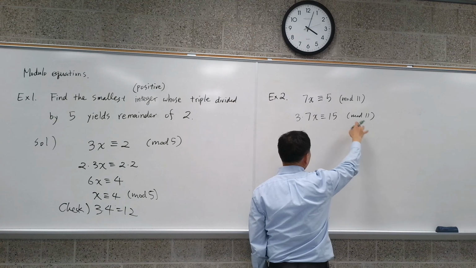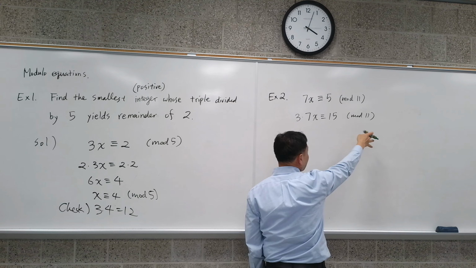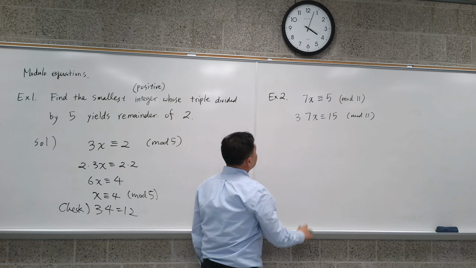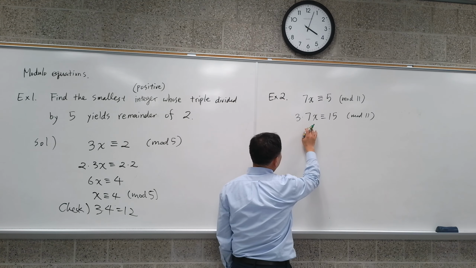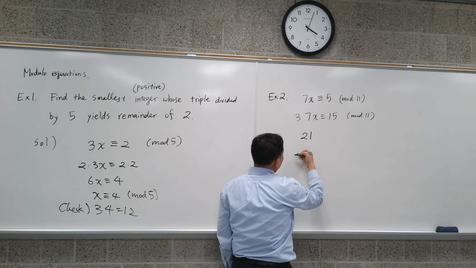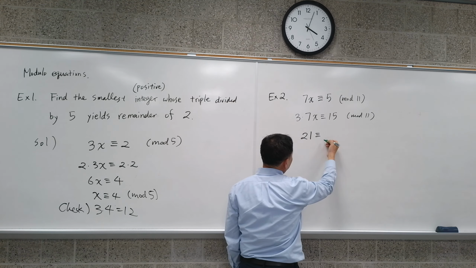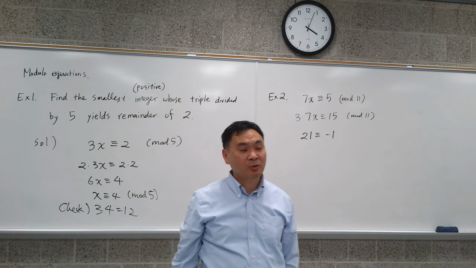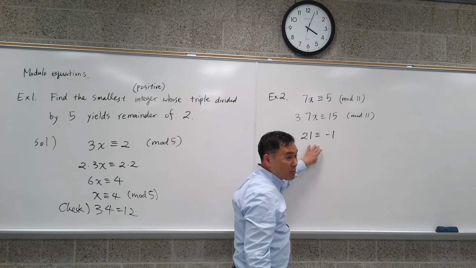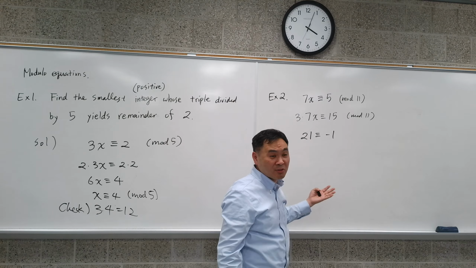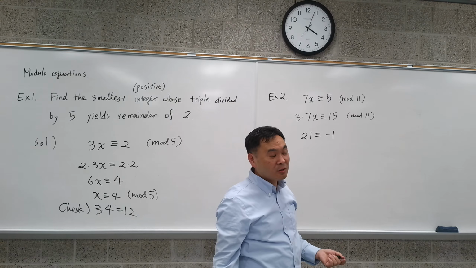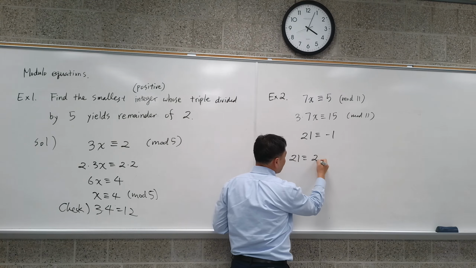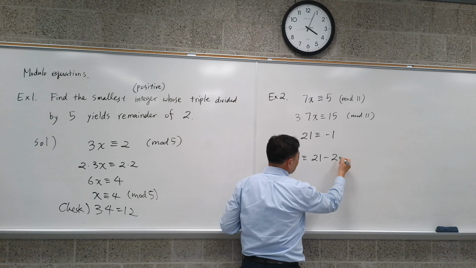by the way, once you agree on the modulo system, you don't have to write it all the time. 3 times 7 is 21, but 21 is congruent to -1 mod 11, because 21 minus -1 is 22, which is divisible by 11. So 21 is equal to 21 minus 2 times 11.